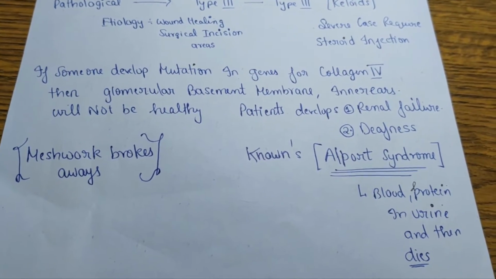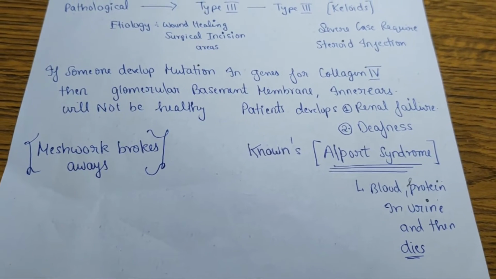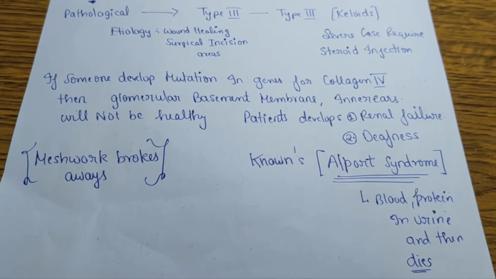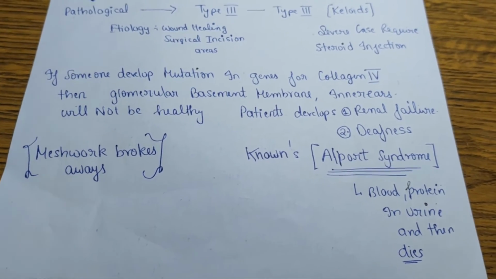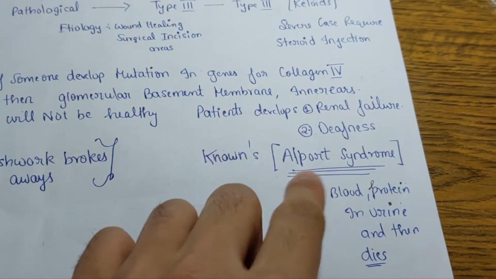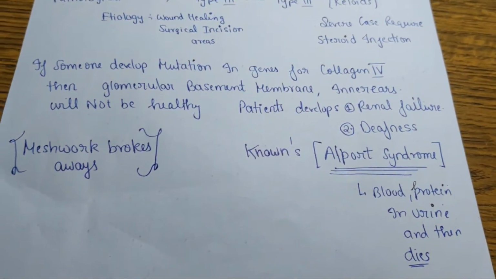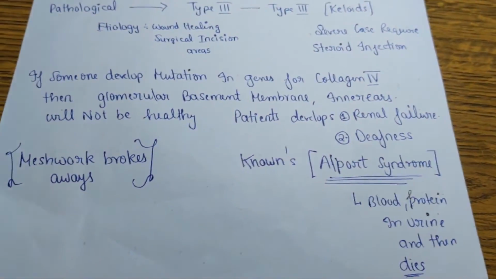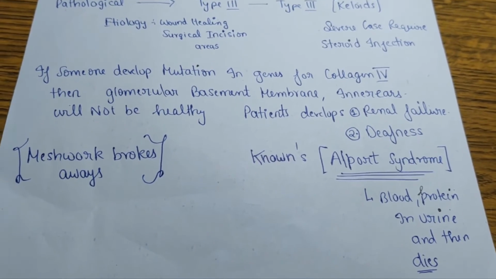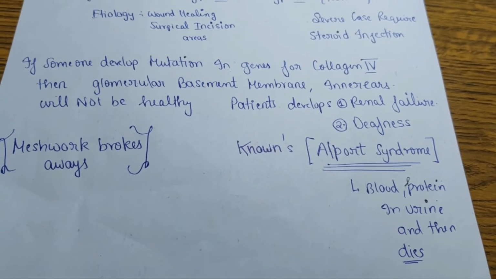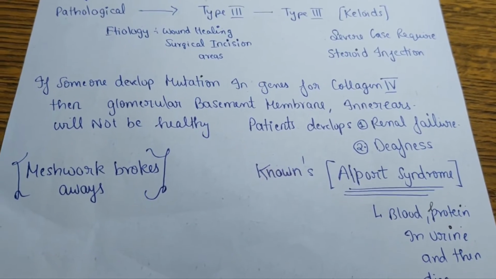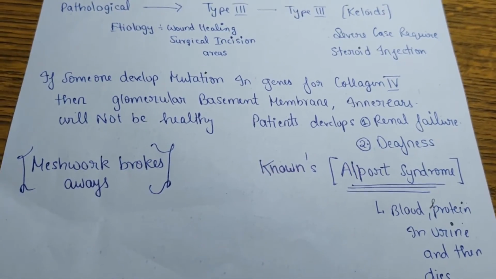Then our glomerular basement membrane, inner ears and blood capillaries will not be healthy, and the patient will develop renal failure and deafness, and this is known as Alport syndrome. In this, when the glomerular basement membrane starts damaging too much, there will be hematuria and proteinuria, and eventually the patient will die if not treated.